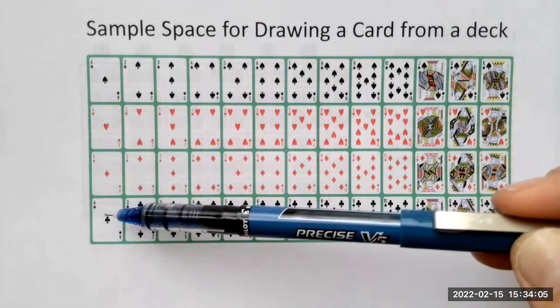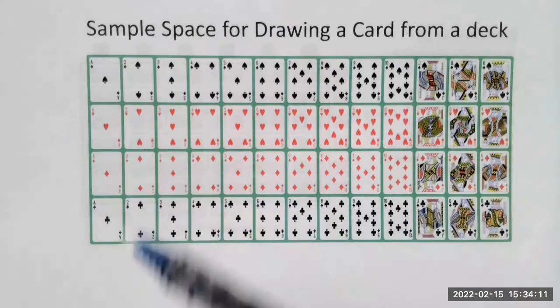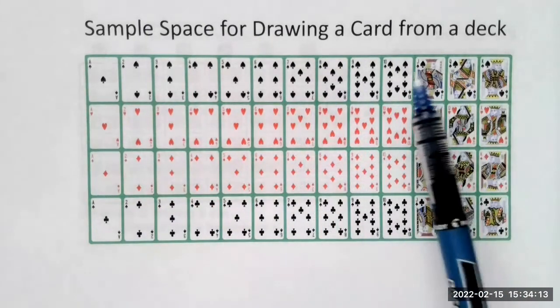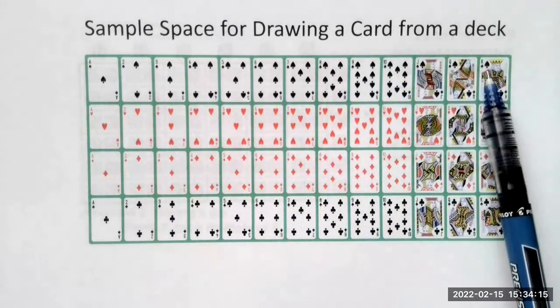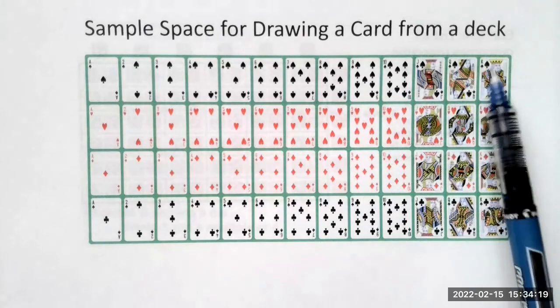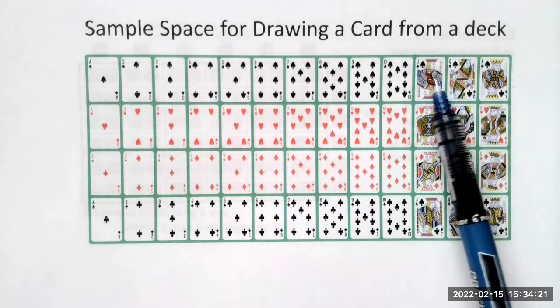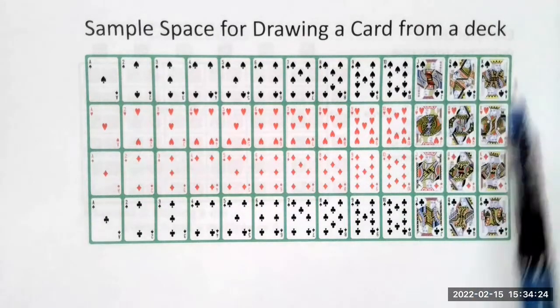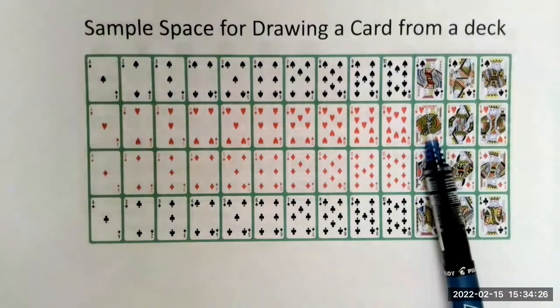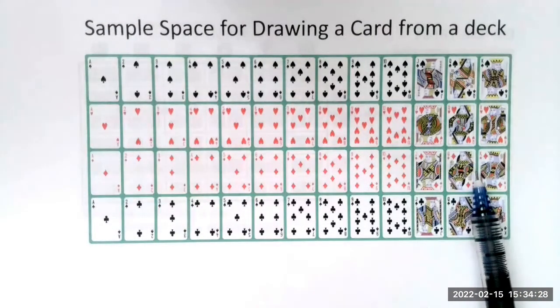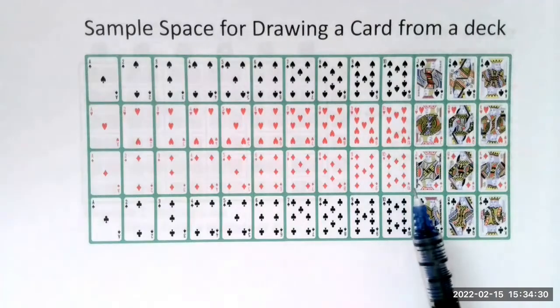So 52 cards total, 13 in each suit. And in each suit, we have 3 face cards. So 3 in each suit, 6 black ones and 6 red ones. Keep that in mind for future reference.